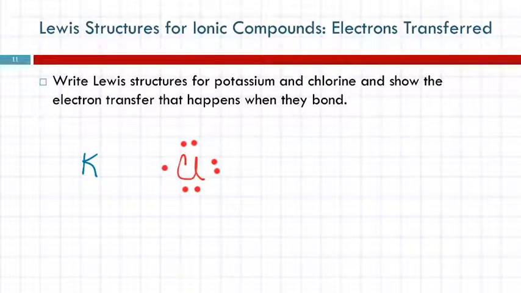So that electron moves from potassium to chlorine. The result now is that chlorine has a -1 charge, and potassium has a +1 charge. Opposites attract, and so these guys are going to stick together like magnets.